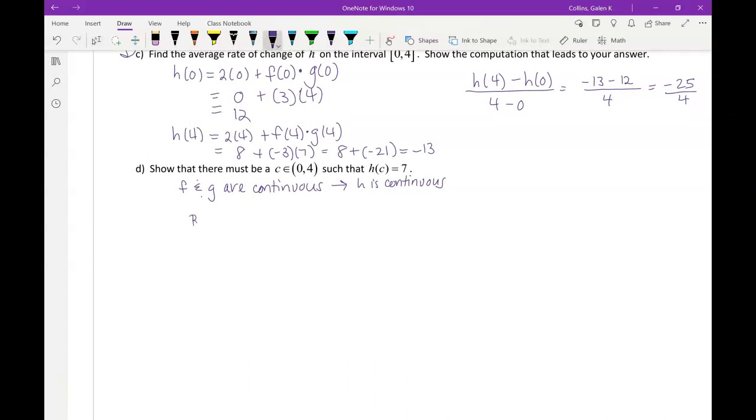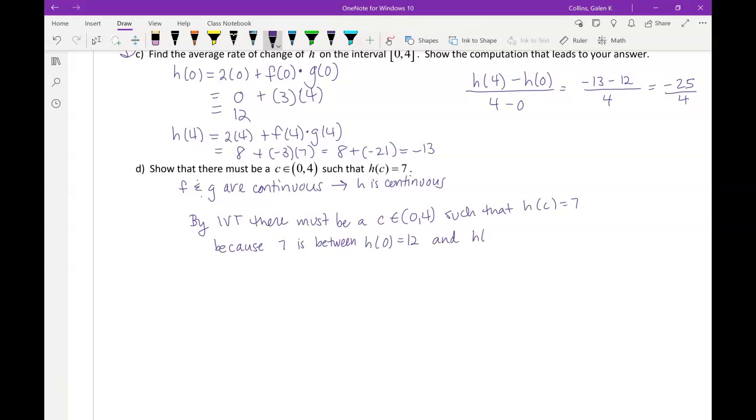So we could say, by the intermediate value theorem, there must be a value C on the interval from 0 to 4 such that h of C equals 7, because 7 is between, well, h of 0, or you could say 12, or you could say h of 0 equals 12, and h of 4, which is -13.